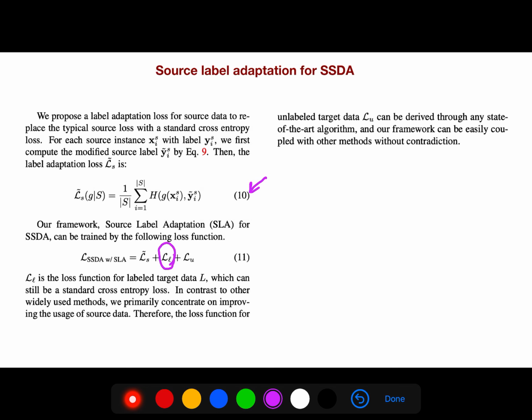So L sub L is the loss function for labeled target data, which can still be a standard cross-entropy loss. In contrast to other widely used methods, we primarily concentrate on improving the usage of source data. Therefore, the loss function for unlabeled target data can be derived through any state-of-the-art algorithm.